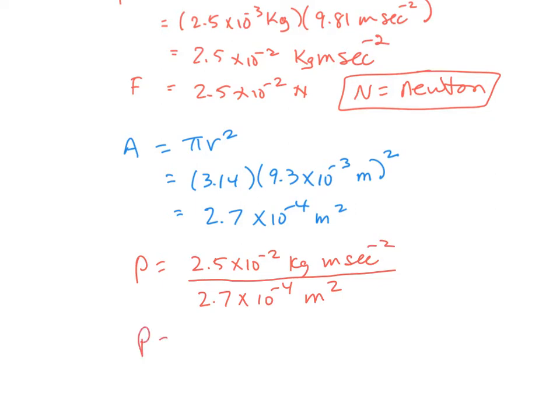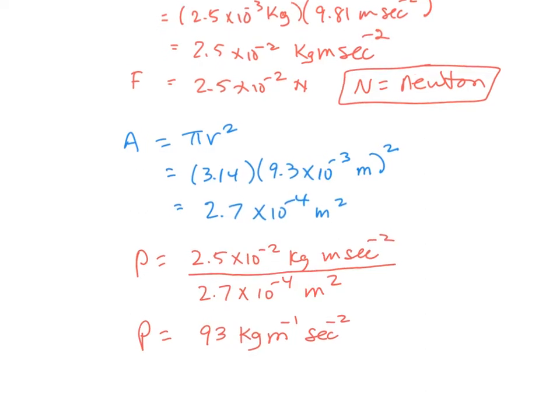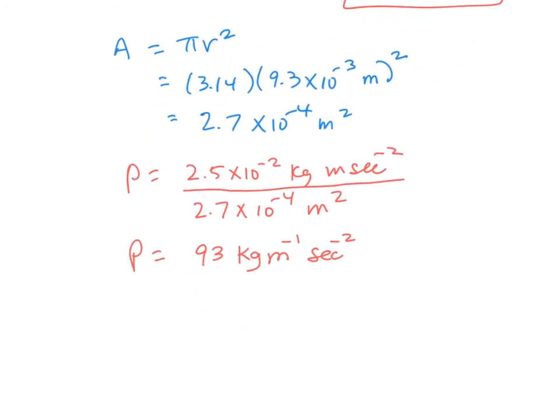And so this pressure will be equal to 93 kilogram per meter per second squared. Okay, so this is going to be the SI unit for pressure, and the name of it is Pascal. So this is 93 pascals, 93 Pa. Pressure is 93 pascals.